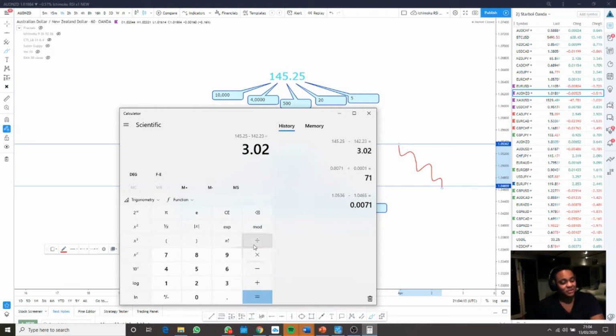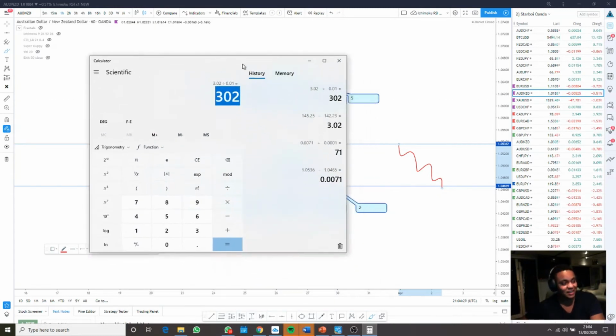The only difference now is we divide by 0.01, and this will give our value in pips, so 302 pips if it was a Japanese yen pair. So you notice the only difference is that normal pairs you divide by 0.0001, and Japanese pairs you divide by 0.01. Apart from that, the formula stays exactly the same.